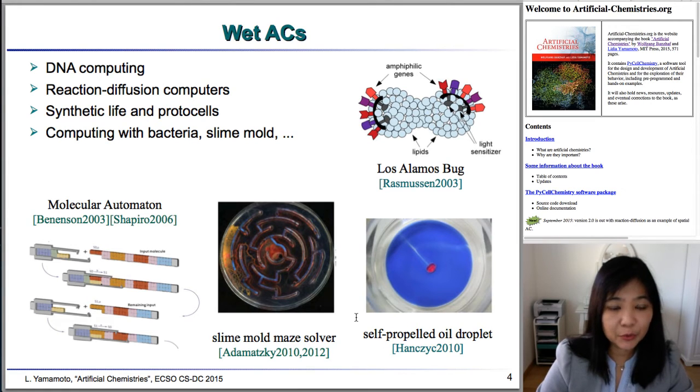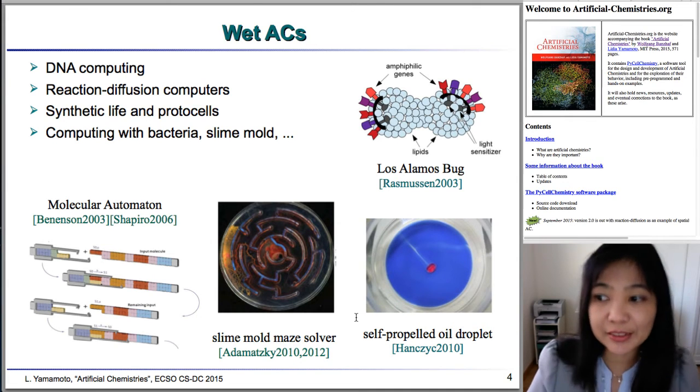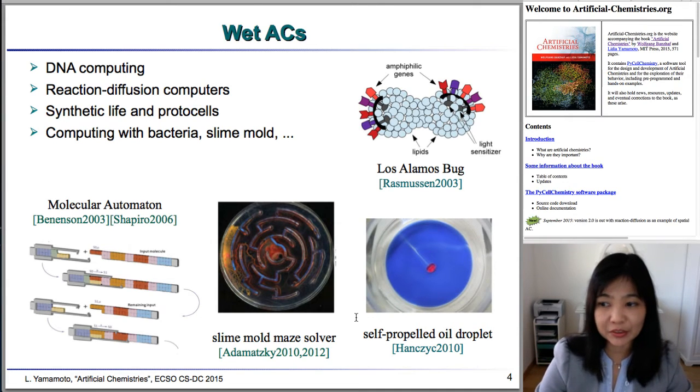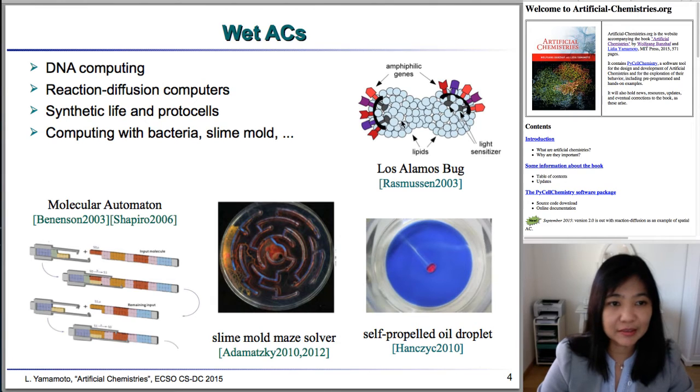This is an example of self-propelled oil droplets, where droplets can move around and dance and do interesting things that have some, let's say, sensor and cognition abilities, some very primitive ones. And here is an example of a protocell made of micelles that have some genetic material on top of it and not in the interior as we have seen in conventional cells.